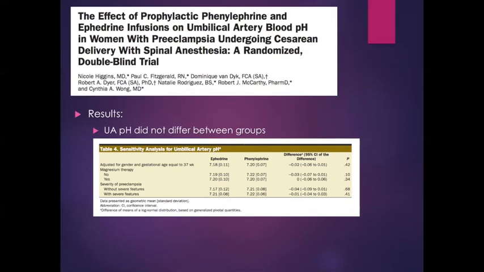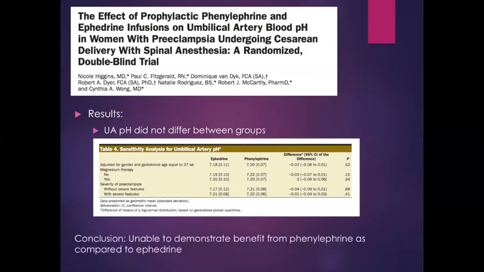We were unable to demonstrate a beneficial effect of phenylephrine on the umbilical artery pH compared with ephedrine. Our findings suggest that phenylephrine may not have a clinically important advantage compared with ephedrine with regard to improved neonatal acid-base status when we're using it to prevent spinal anesthesia-induced hypotension in women with preeclampsia.